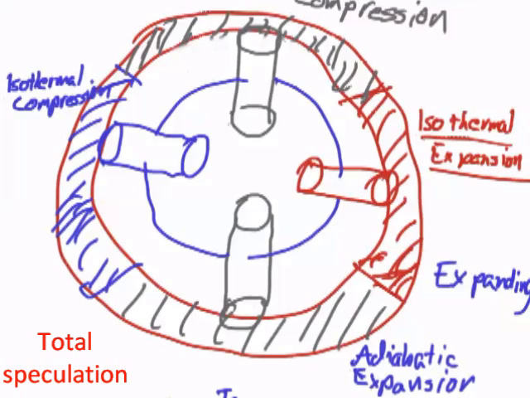And, well, that would give us a perfectly efficient energy cycle. Of course, there wouldn't be any information remaining from one cycle to the next.